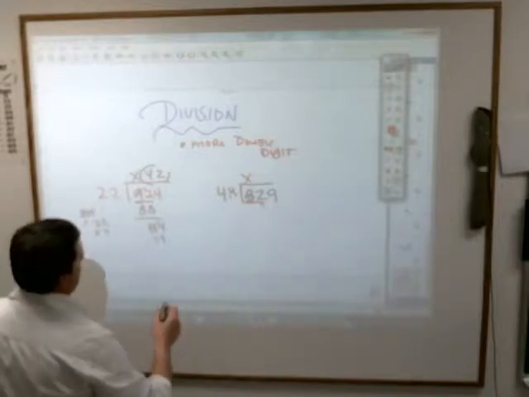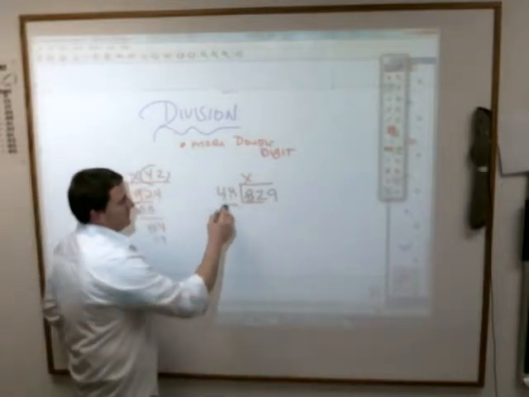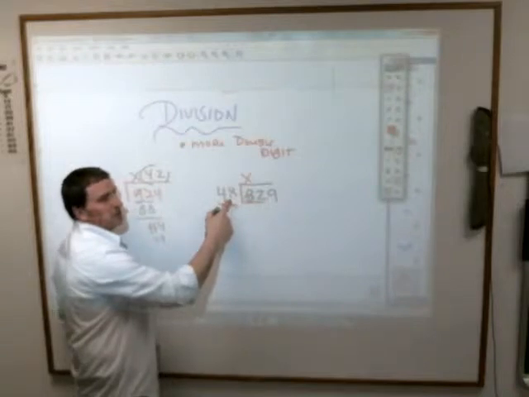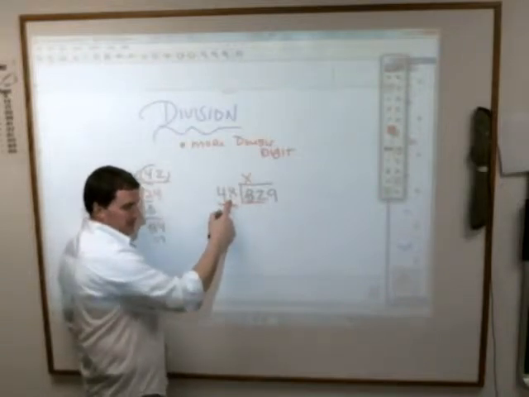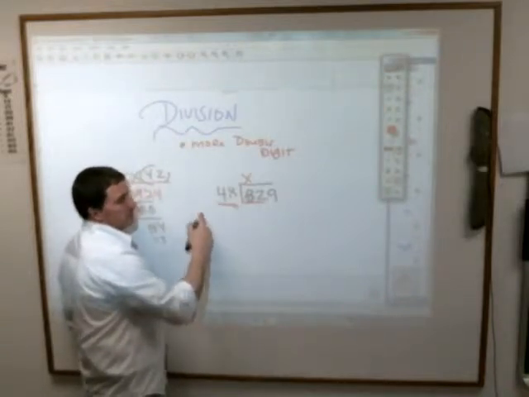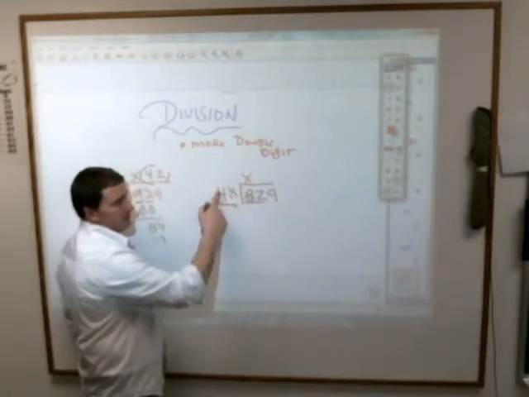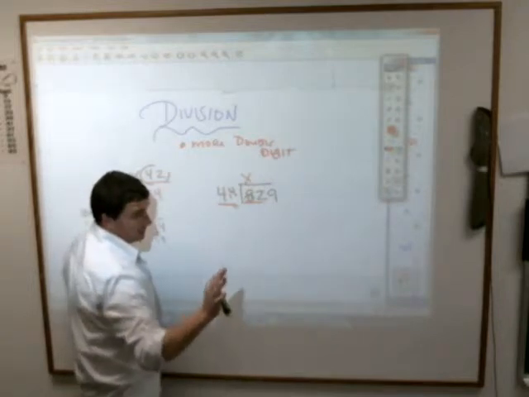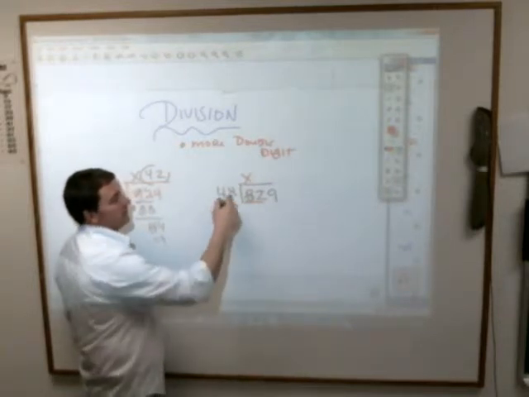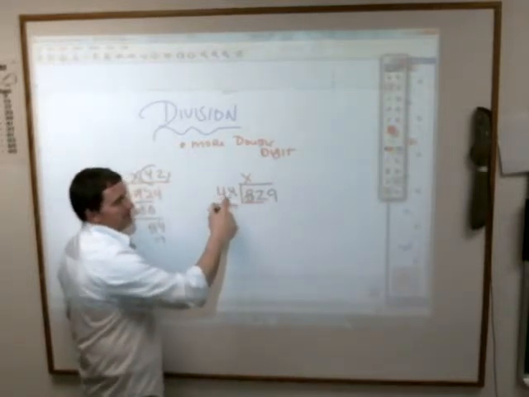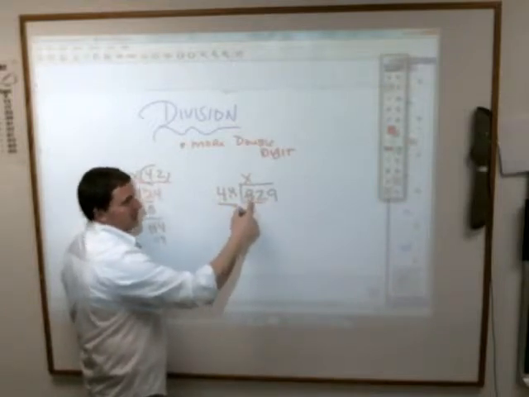Because 48 is much closer to 50 than it is to 40. When a number is closer to the next higher digit, you get a more accurate estimate if you think of it as a 5. How many times will 5 go into 8? Only once.